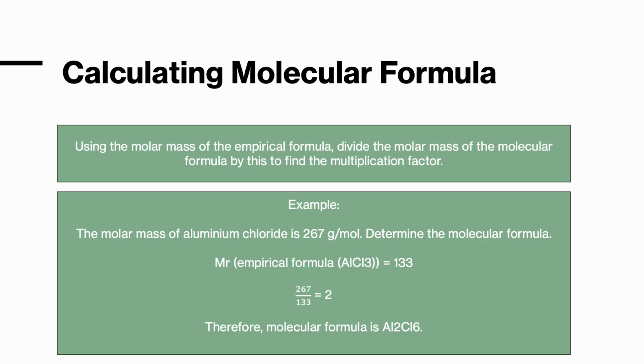And so we need to find the relative molecular mass, or the molar mass of the empirical formula, which is calculated as 133. Therefore, we divide the molecular formula molar mass by the empirical formula molar mass to give us 2. Therefore, we need to multiply our empirical formula by 2, giving us a molecular formula of Al2Cl6 instead of AlCl3.